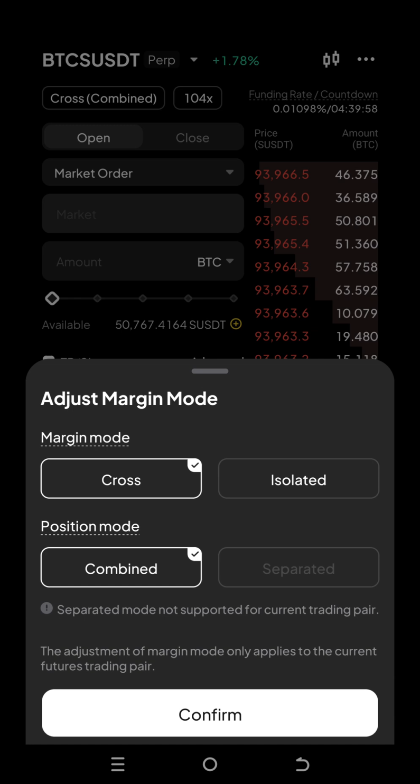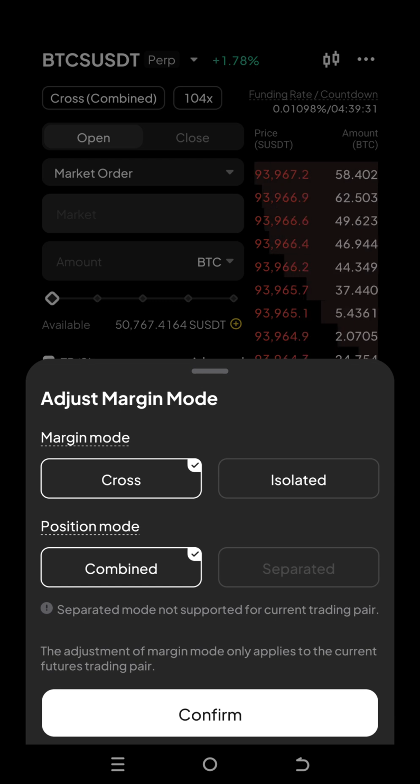But isolated margin will not take money from the remaining parts. It will only focus on the money that you risk. Once the market is going against you and it does 100%, isolated margin will close down the trade, because it cannot take another fund. It can only use the amount that you put there.